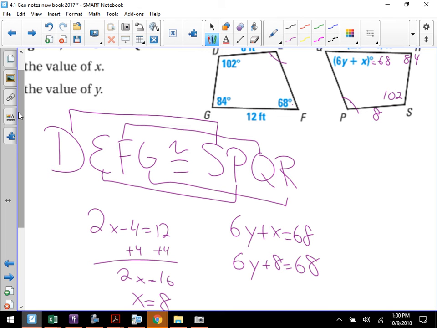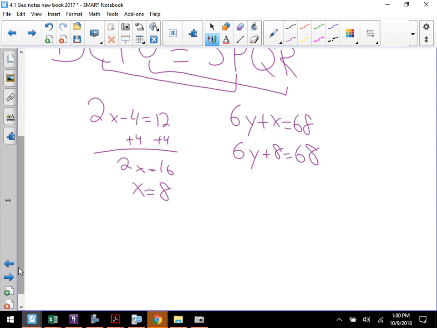We're solving for the value of x, and sometimes you have to use it again. But remember, x doesn't represent an angle, it doesn't represent a side, it just represents some value of x. That value of x just happens to be in two spots. That's all. What does y have to be? You can probably look at it and figure it out. 10. 6 times what plus 8 is 68?